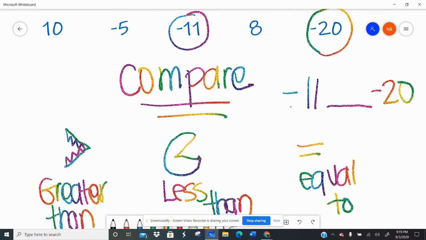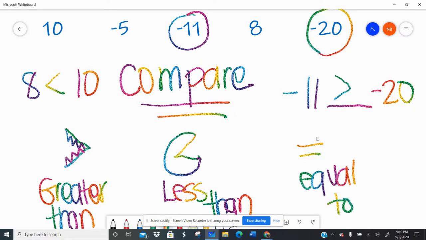So negative 11 is farther right, which means it is greater than negative 20. If I look at 8 and 10, 8 is less than 10. Remember, the alligator is always going to face that bigger number. But I know you know that because you're in pre-algebra. I just have to go over it with you really quickly.